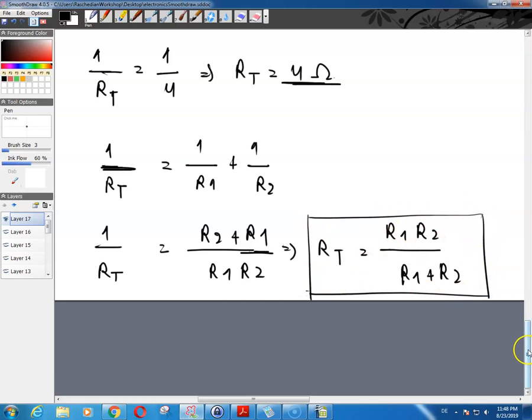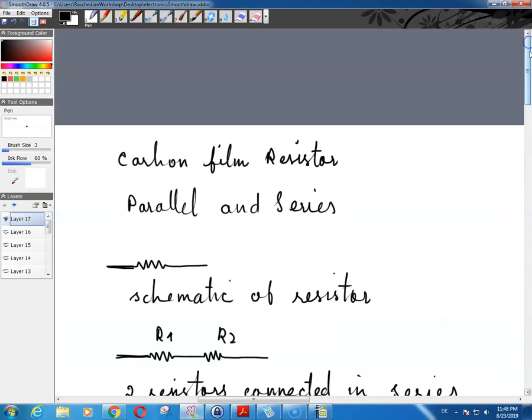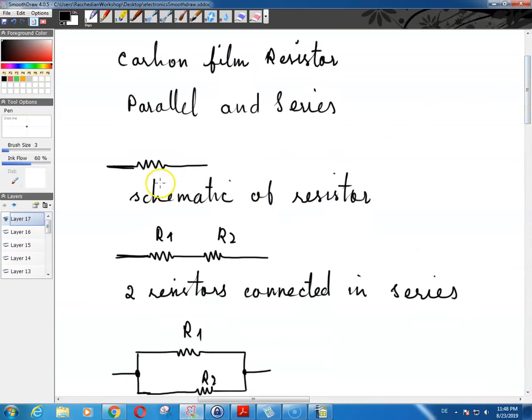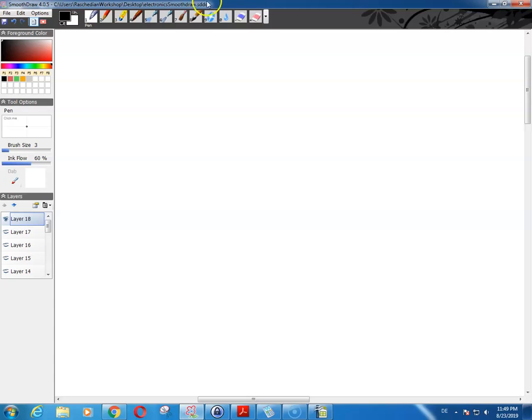And if you have more than two resistors, then that gets a little bit more complicated.